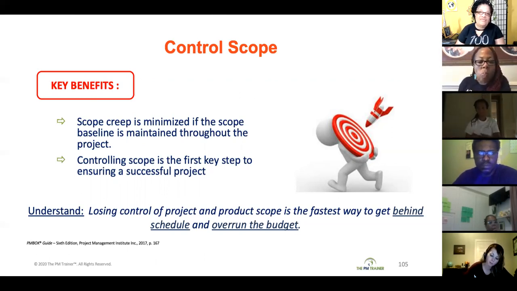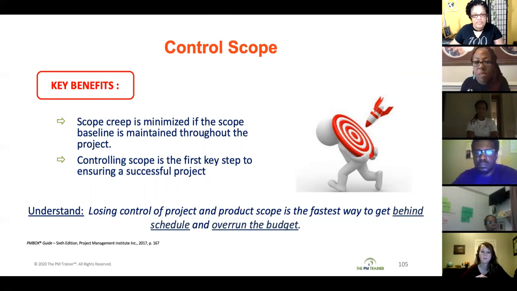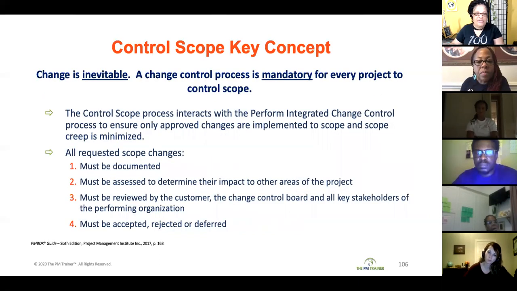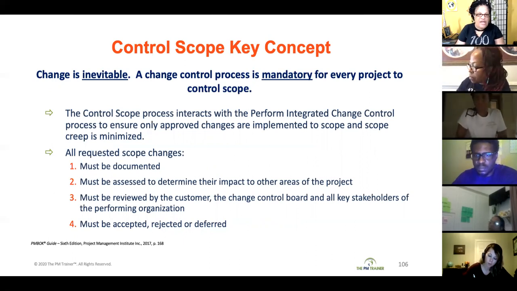If you're going to have a successful project, then controlling that scope is going to be one of the primary things you're going to do. If you're not controlling your scope correctly, then you're going to run into schedule delays and cost overruns. Now, here are some key concepts about that. Change is inevitable. So control scope does not mean keep scope changes out, right?